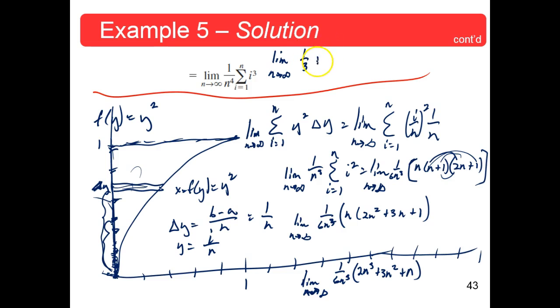Plus 3n squared over 6n cubed, that would be 1 over 2n. And n over 6n cubed would be plus 1 over 6n squared. Now, that's something we can take a limit of. As n goes to infinity, what is this going toward?